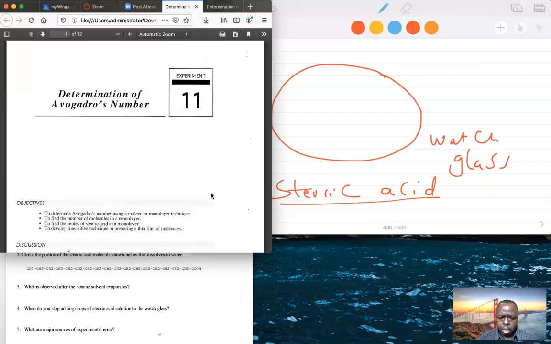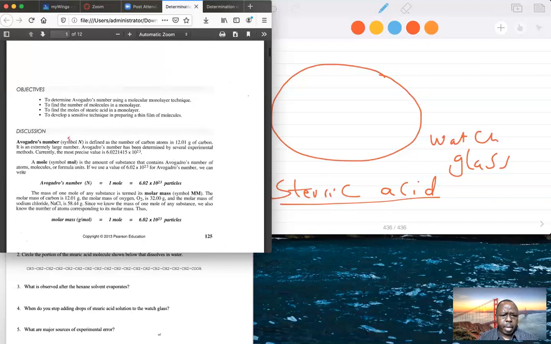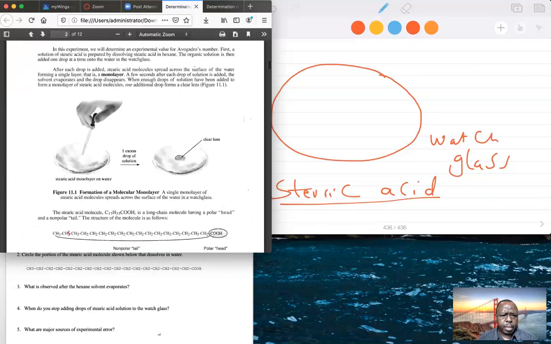So the experimental setup here: this is a watch glass, and we normally fill it with DI water, and the stearic acid forms a single layer on the surface of H2O.